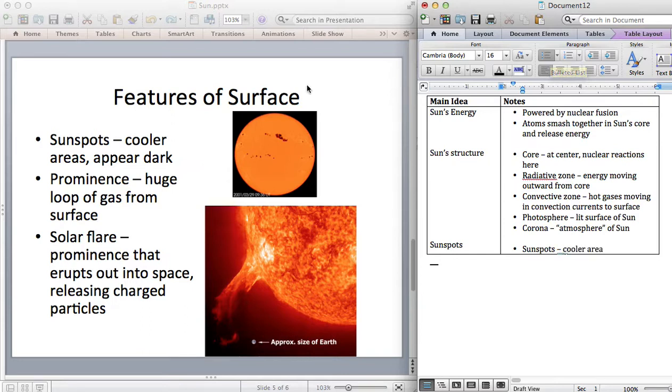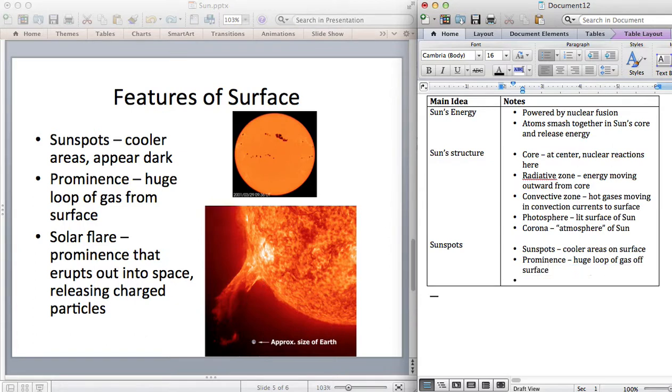All right. Next, we have what we call a prominence, and that would be something like this. A huge loop of gas off the surface. Again, we don't totally understand why these happen. And if a prominence detaches and erupts out into space, we get what we call a solar flare. You may have heard of these before.